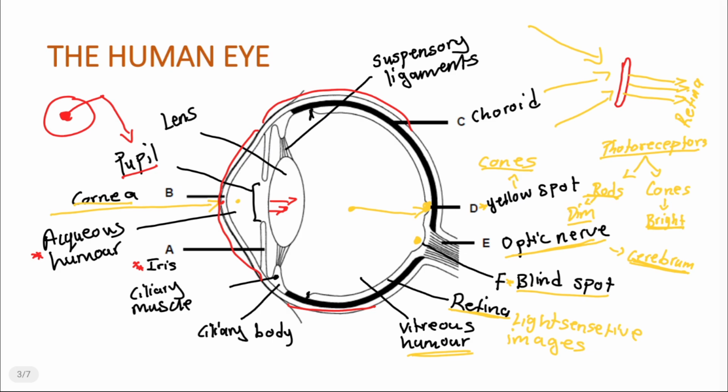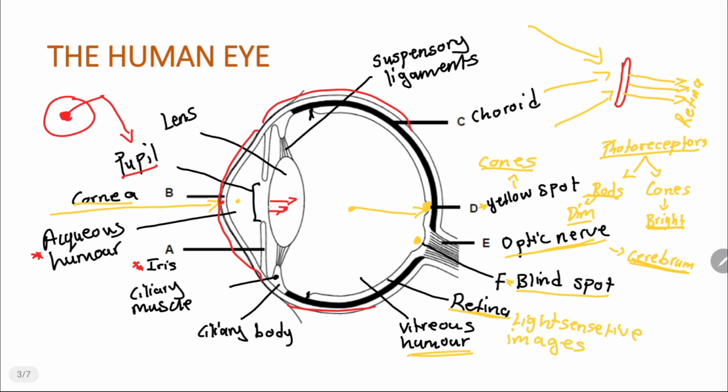It must be changed so that we're able to see objects that are distant and objects that are near very clearly. And this is a process that is referred to as accommodation. Again, we're going to focus on accommodation at a later stage. But in order for there to be the process of accommodation, the lens must be elastic. The shape of the lens must be able to be changed so that we can see objects that are distant and objects that are close very clearly, right?